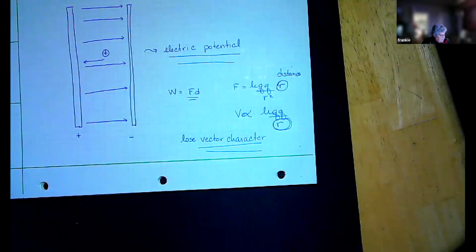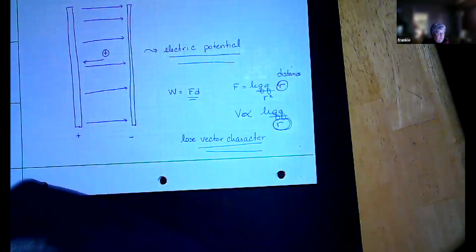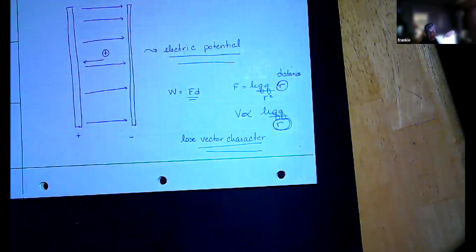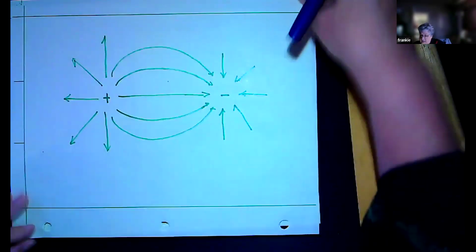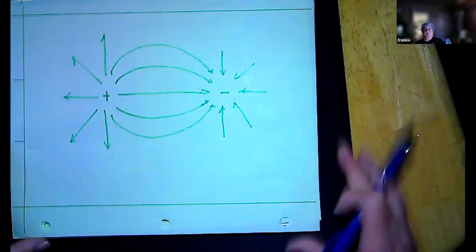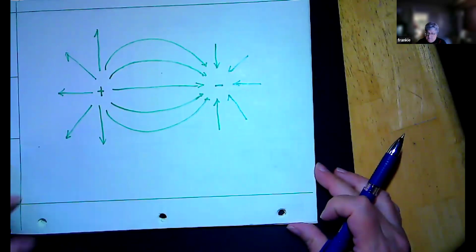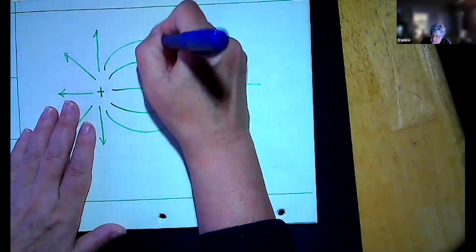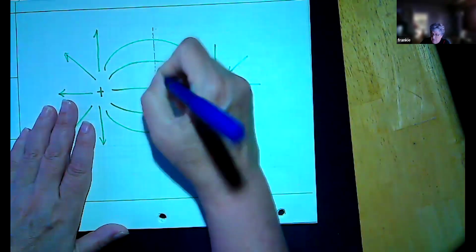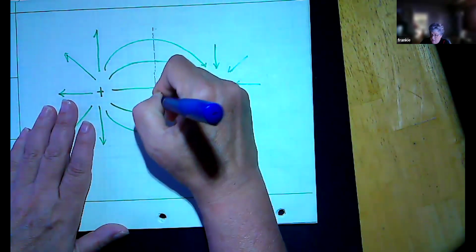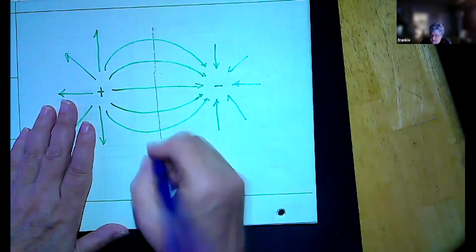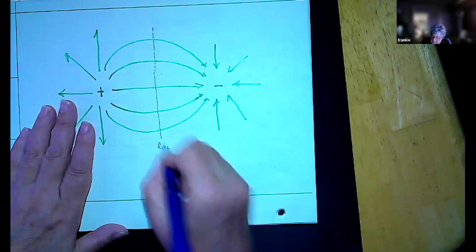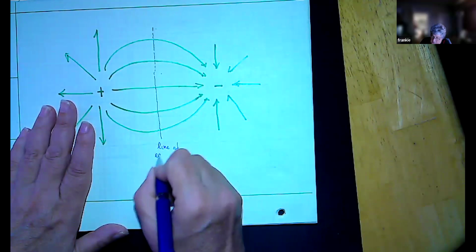But that gets us back to our dipole because I want to show you how that relates back to our field flux lines. Because now, and this is actually how we do things in the real world, if I look at my system here and I put in a plane here, this is a line of equal potential.